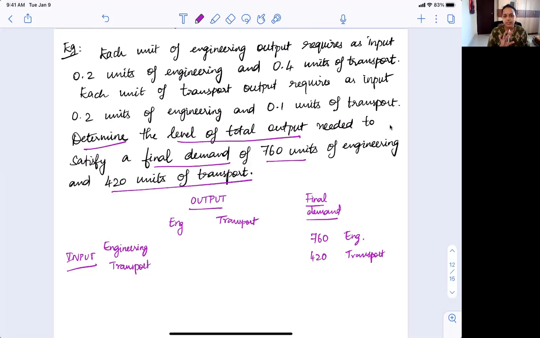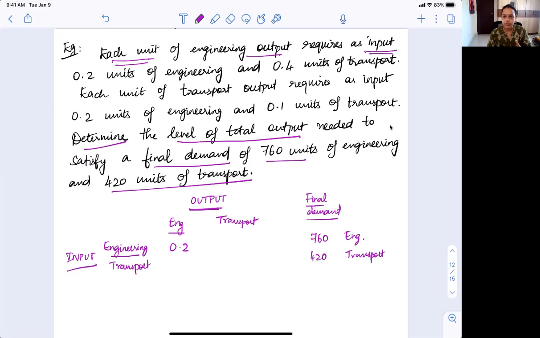Now, the rest of the information that's given in the first part of this word problem is actually helping us figure out the technology matrix. Because for each unit of engineering output, if we measure output in columns and I have engineering here, to produce that, I want as input 0.2 units of engineering, which means here engineering to engineering will be 0.2.